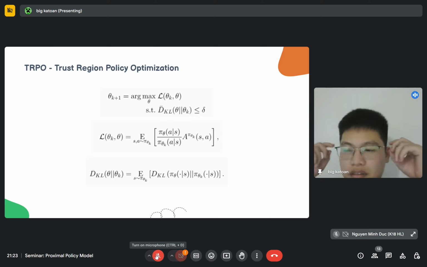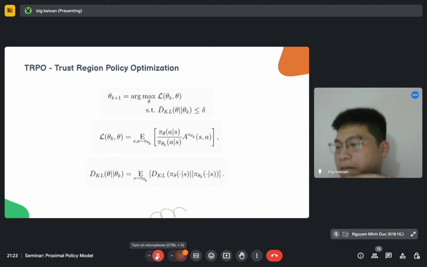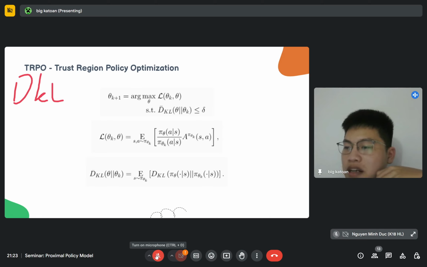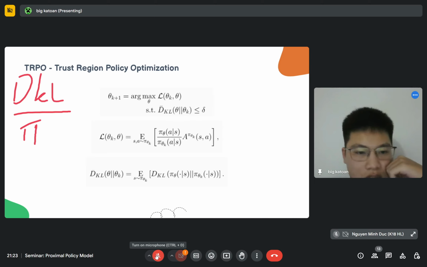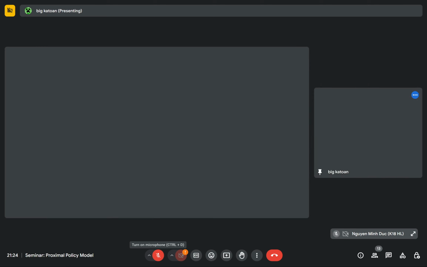We currently are not talking about the DKL, right? Actually, the DKL part is the constraint on the differentiation between P theta and P theta k.